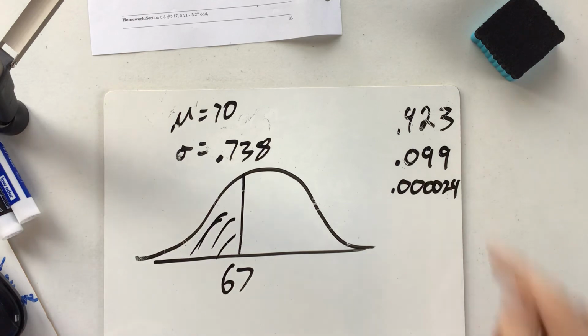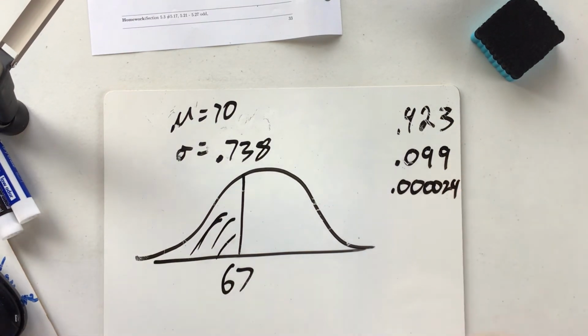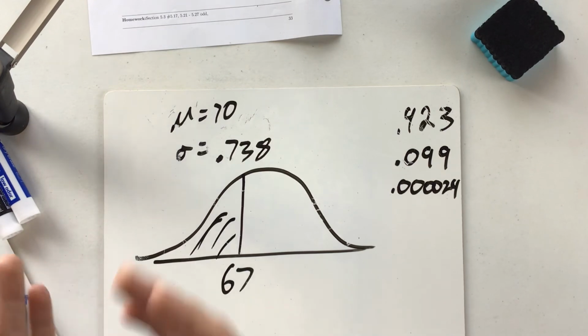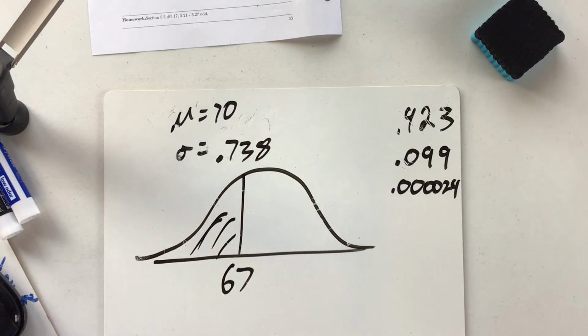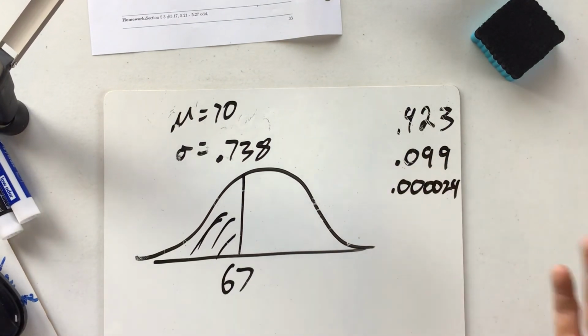So no big deal. You collect 50 people in your study, and then they have an average lifespan less than 67. Someone says, well, is that weird? Is that something unexpected? Well, that would happen 10% of the time just by chance.